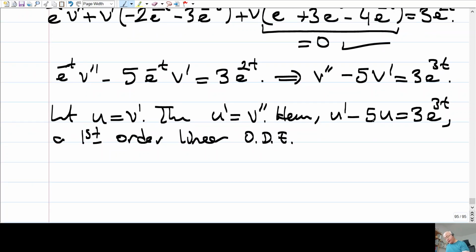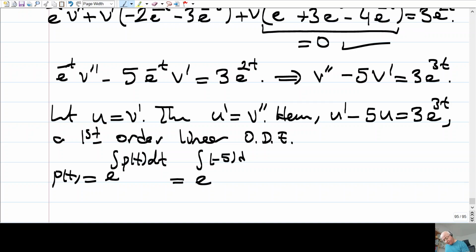How can we solve this? We need to find an integrating factor, mu of t equals e to the power of the integral of p dt. p is just minus 5, so it is the integral of minus 5 dt, so e to the power minus 5t. So this is an integrating factor.